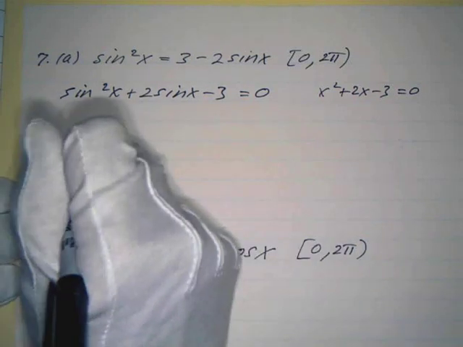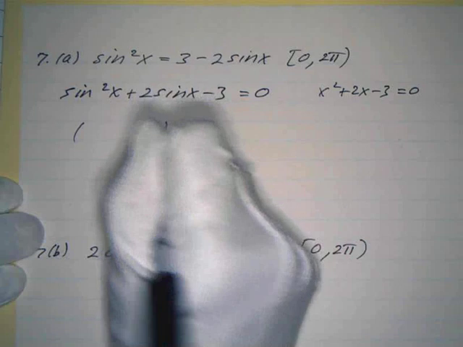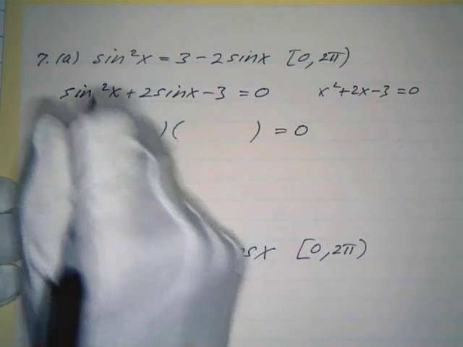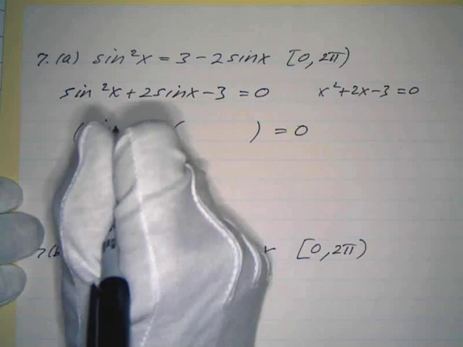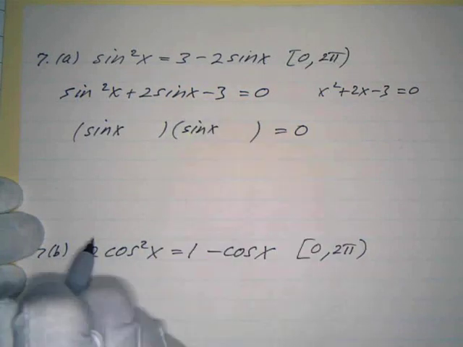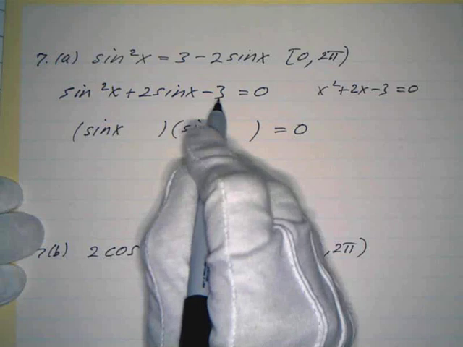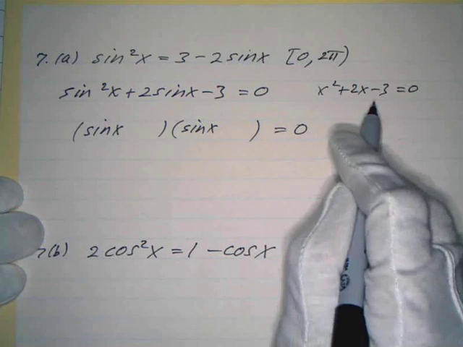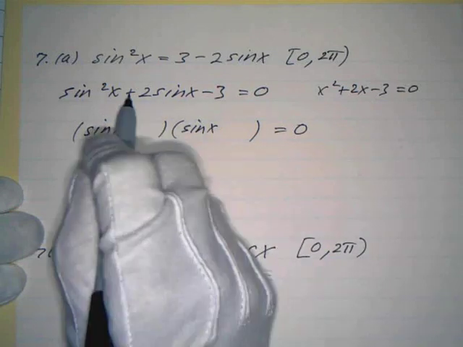It's the same thing, but only it's in terms of sine. So I can rewrite this like the product of two binomials. It's a trinomial. And the way I get sine squared would be sine of x and sine of x. And I need to get a 3 here. So the way I can get 3 would be by 1 times 3. Now it's a simple trinomial, so it's easy to figure this out. The signs are different.